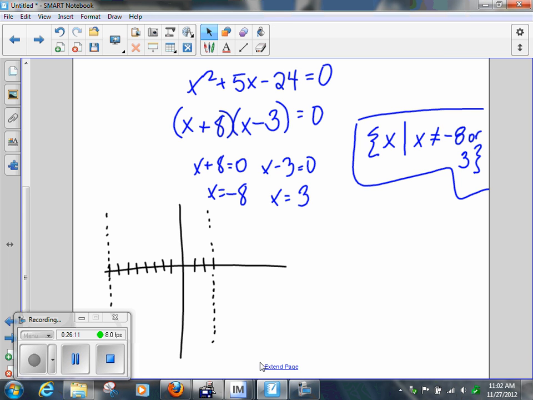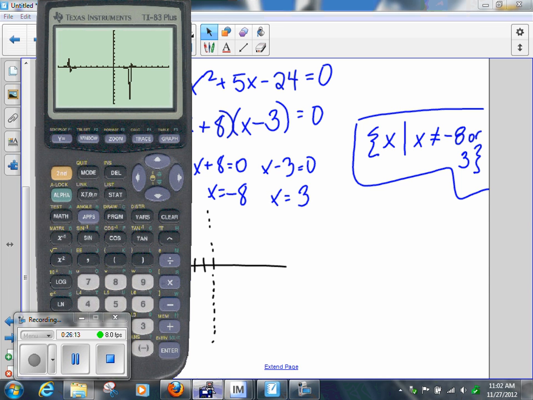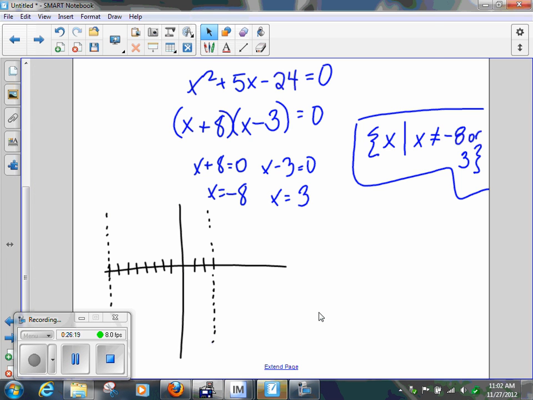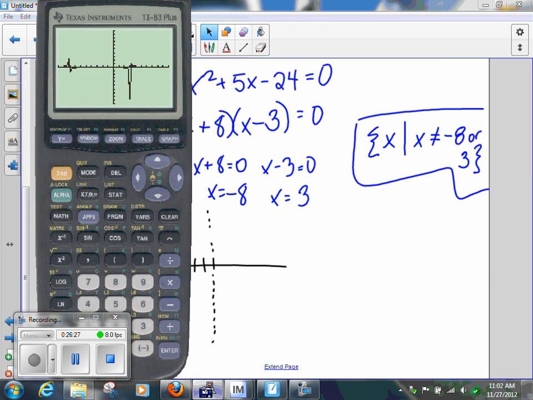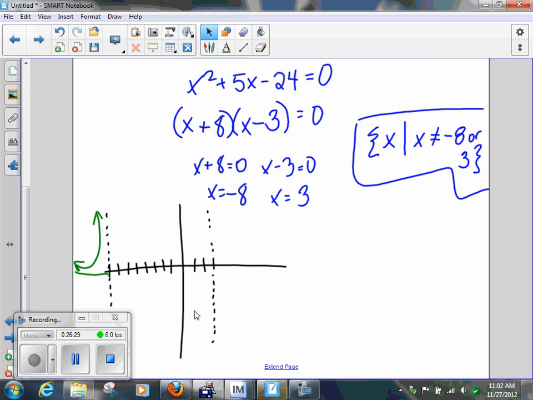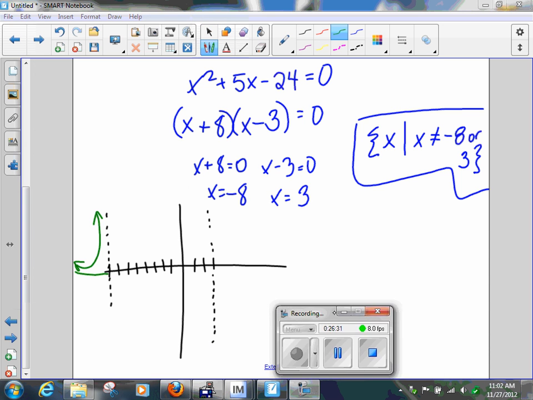And I want to look back at my graph for just a moment. Look what's going to happen. That's showing that this graph is doing something like this right here. Let me look at it again.